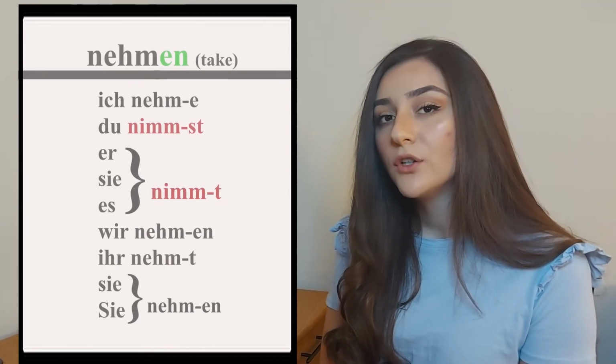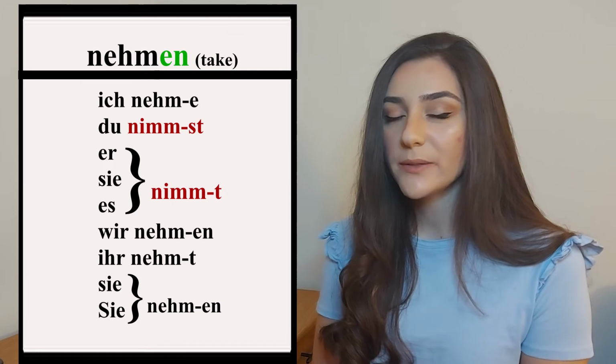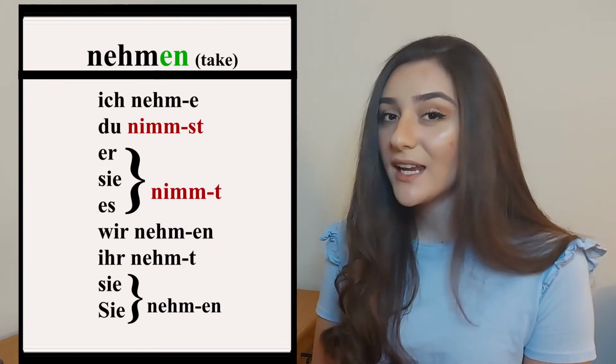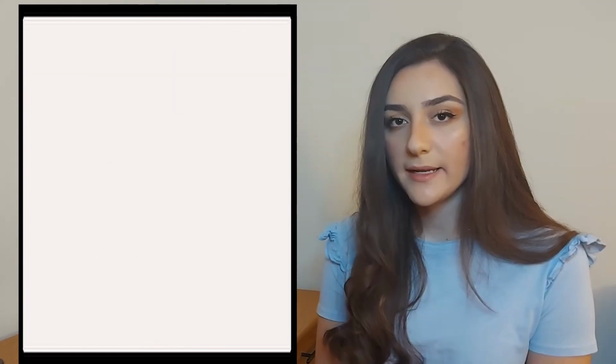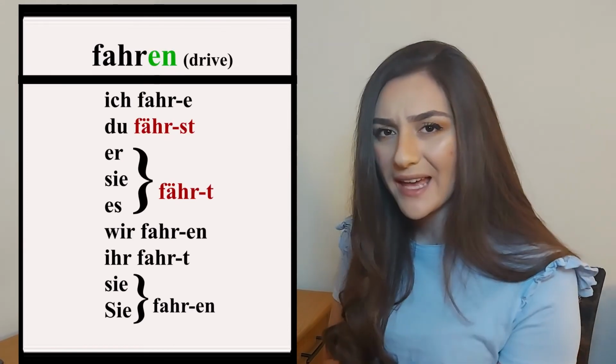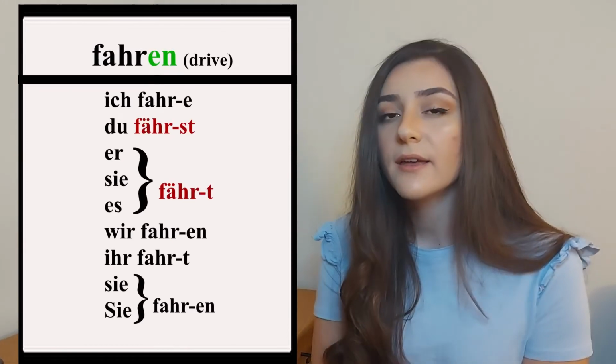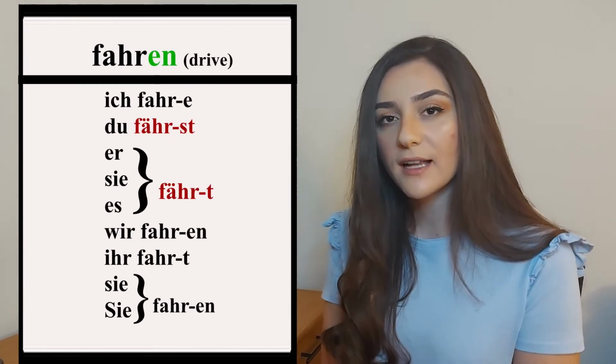Ich nehme, du nimmst, er, sie, es nimmt, wir nehmen, ihr nehmt, sie nehmen. And ich fahre, du fährst, er, sie, es fährt, wir fahren, ihr fahrt, sie fahren. I will make a special video with these verbs, so don't worry. Just stay tuned.